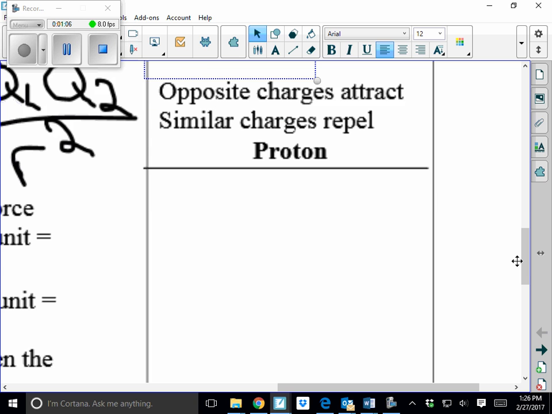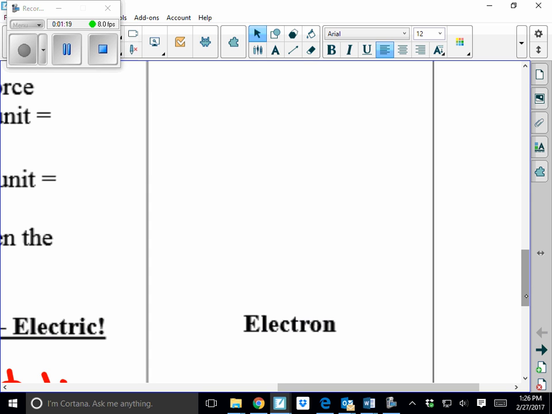So opposite charges attract and similar charges repel. And here's why. It's because their electric fields are really pushing on the other charges or pulling on the other charges. So for example, when I have a proton, remember our model of a proton is the circle with a plus inside.